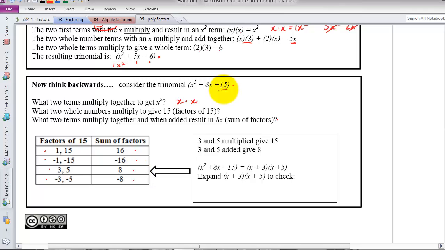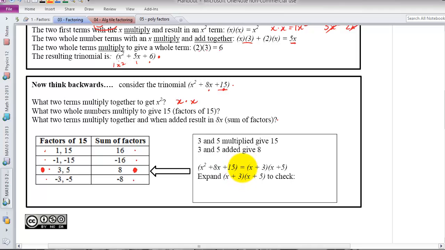So we're looking for two whole numbers that multiply to give 15 and when added together give 8. That tells us the whole numbers in the binomials. So x plus 3 times x plus 5 should give us x squared plus 8x plus 15.